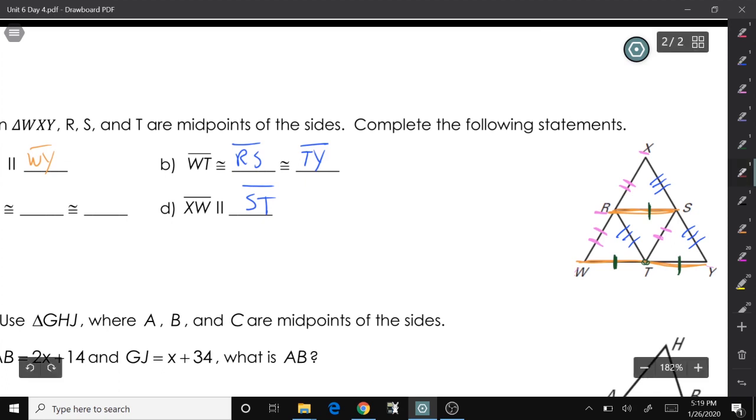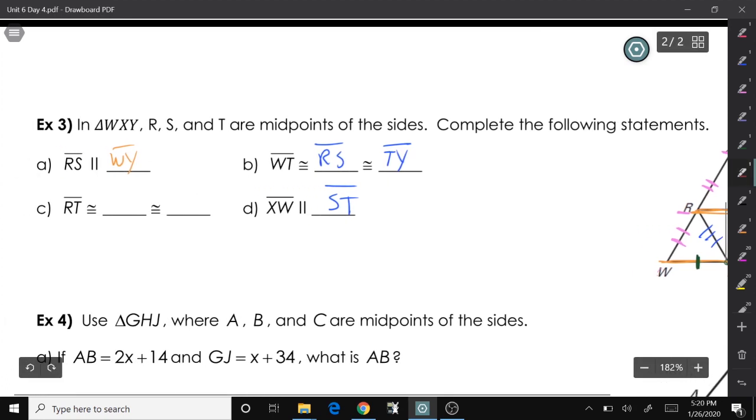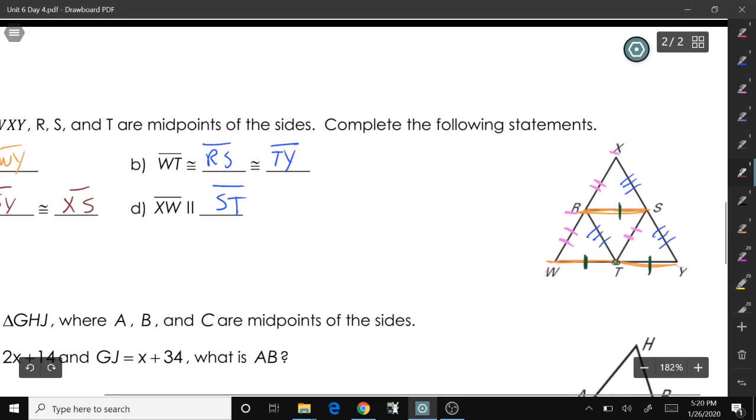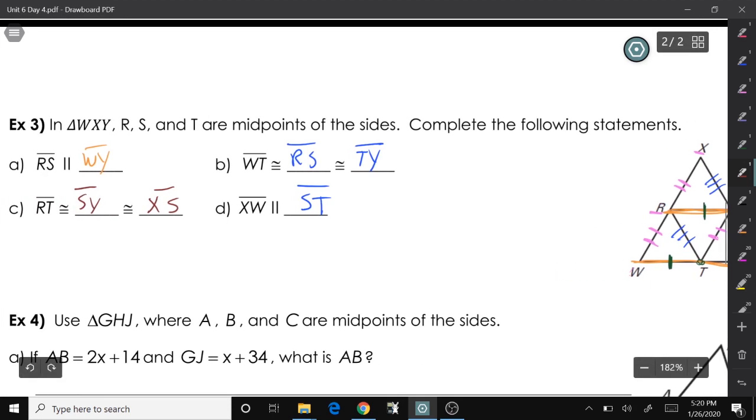They have the same number of tick marks. So SY, and XS. Okay. So marking this up first really helped us answer these questions. All right. So let's move on to the next example.